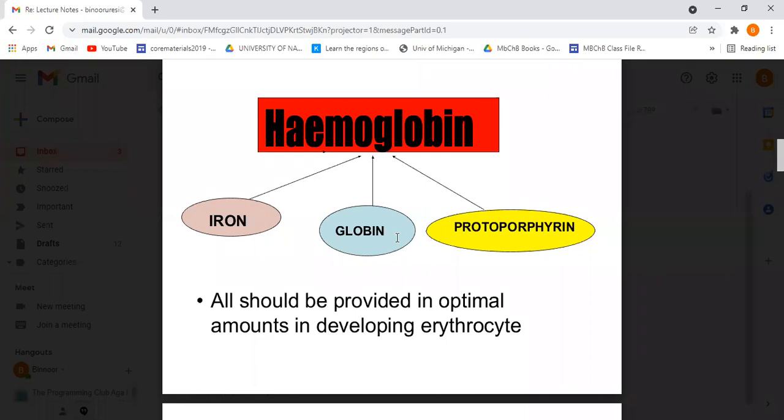If one of them is missing, if iron is missing, then you have deranged hemoglobin synthesis. If globin is missing, the same. If protoporphyrin is missing, you have the same. So we shall go through this to show the pathogenesis of how hemoglobin synthesis is affected.